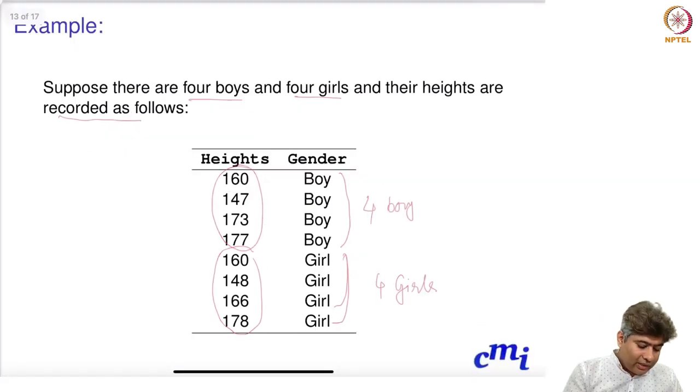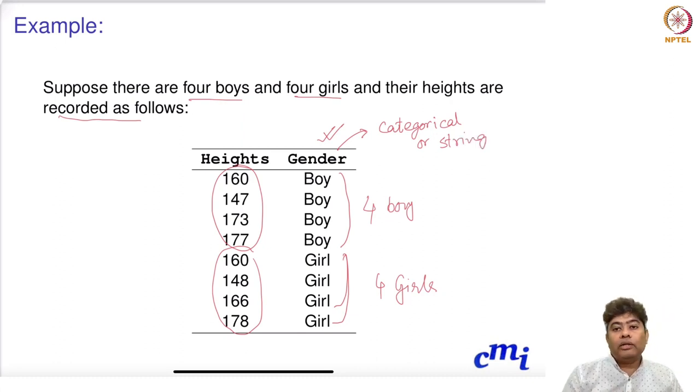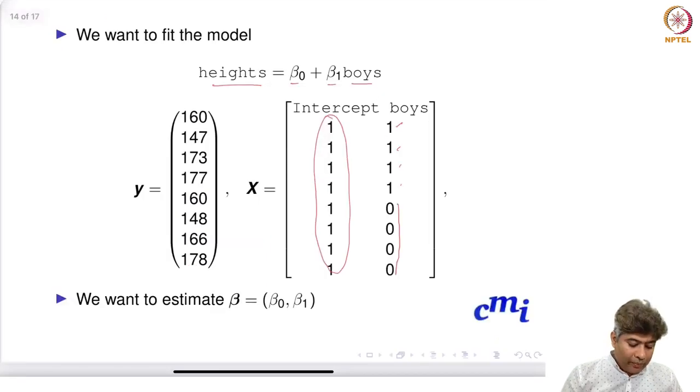In the data set, gender is a categorical or string variable. Whenever you get a categorical or string variable, you create a one-hot encoding, or a dummy variable for a label, like 1 1 1 1 for boys in this case.